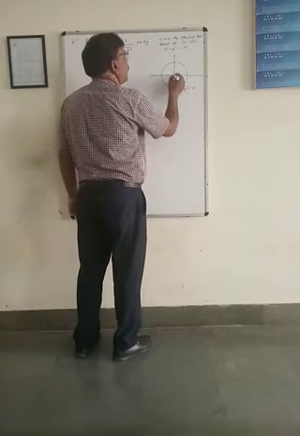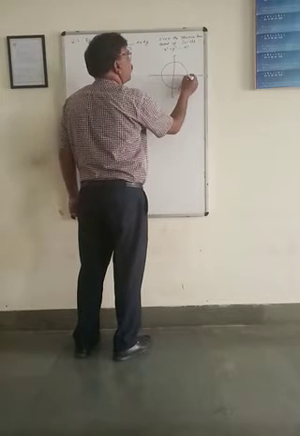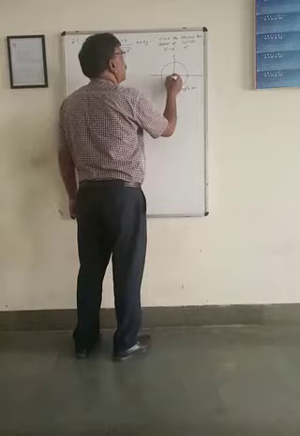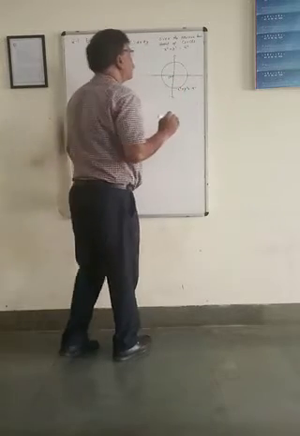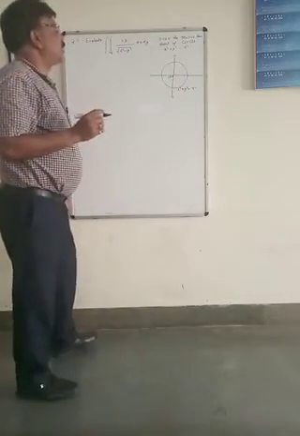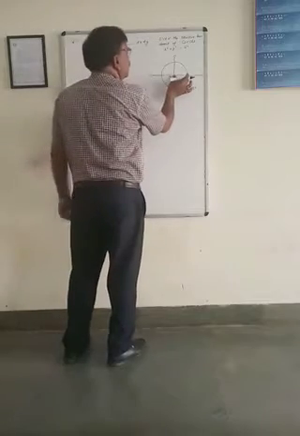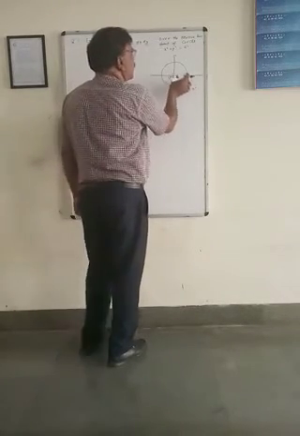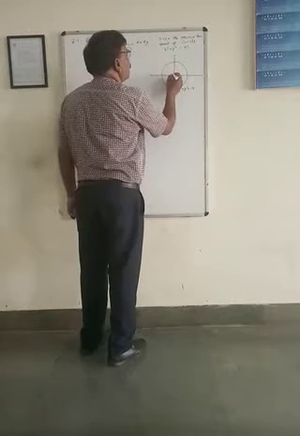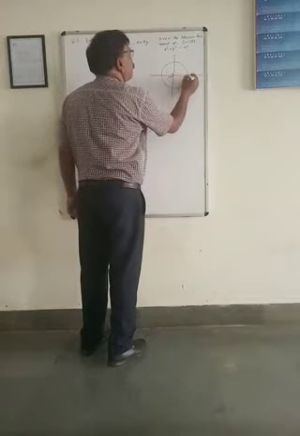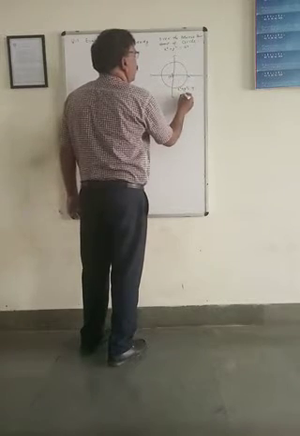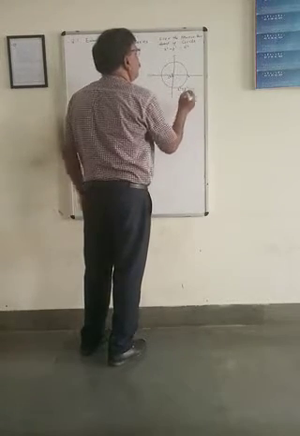A is the radius from here to there, and this is the origin, and the coordinate of the origin is 0, 0. The distance from the point O to A is a, OA is equal to a.